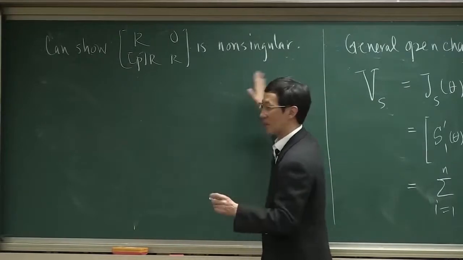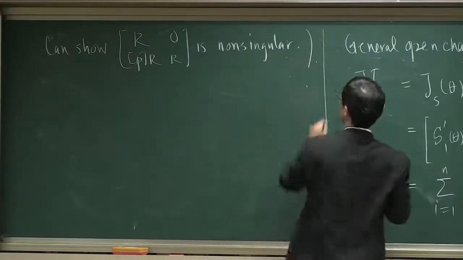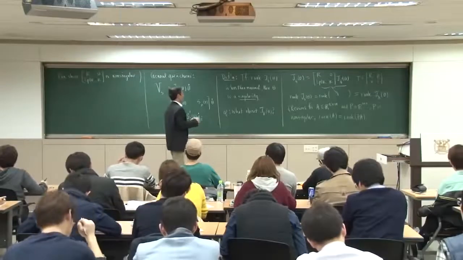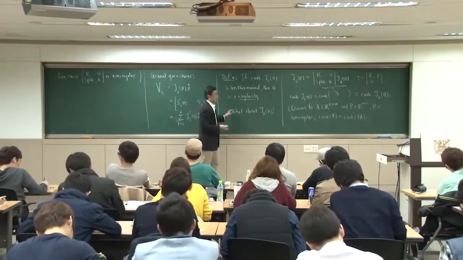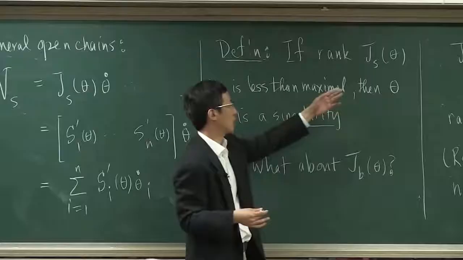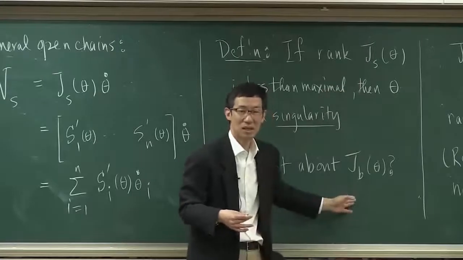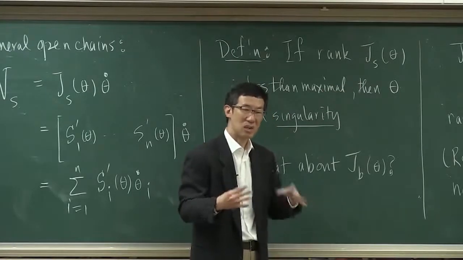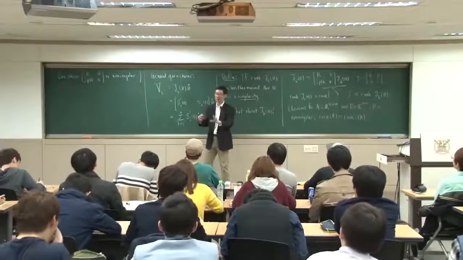All right. So we're not going to go through all the different ways. So bottom line, it doesn't matter whether I use J sub S or J sub B. I can use either to find singularities.